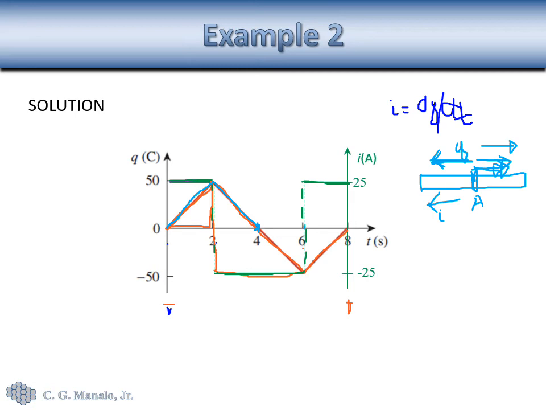And after the 6th second, Q again starts to rise. So therefore, that means that after 6, Q must again be flowing in the left direction. And that means I there must be in the right direction. So that is what is meant by this graph here. And again, to get the plot of I, we simply observe the slope of Q, and that's it. That is how we solve the problem.